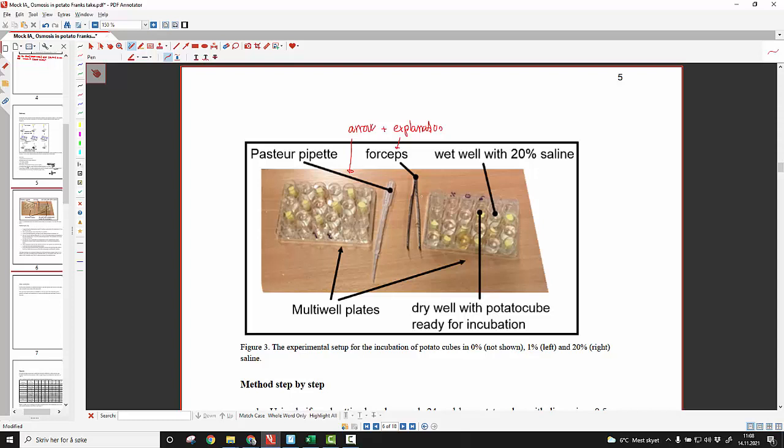For example, here are the forceps that we used to move the potato bits without getting salt from the hand and stuff. Here is the Pasteur pipette that we filled the multiwell plate with, and so on. And the multiwell plate, of course, where we had different wells with different concentrations of saline, made us able to put each cube in a controlled environment and then have it numbered so we could compare the weights before and after.